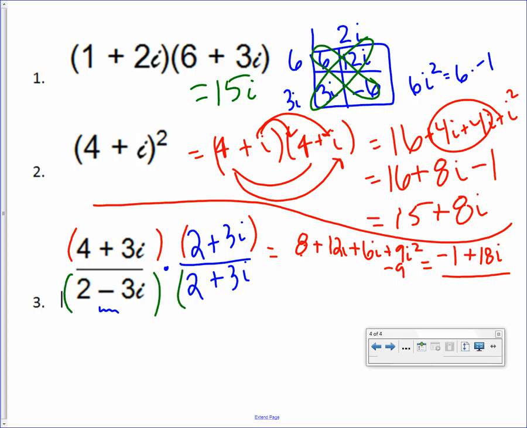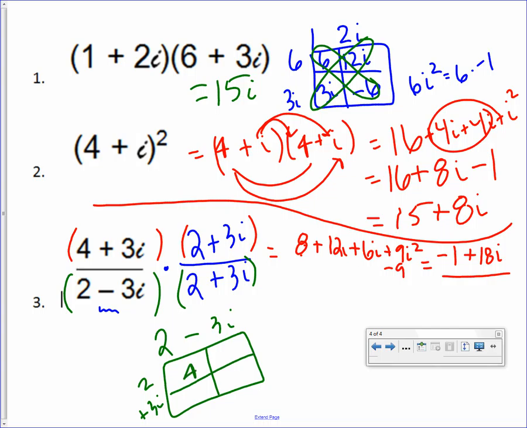Now I'm going to do the denominator. This one I'll use box method for those of you who prefer box method. So I'm multiplying. And here I have negative 9i squared in this last box.